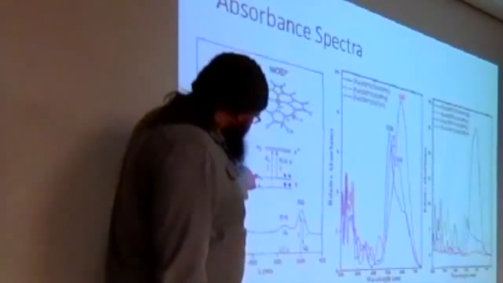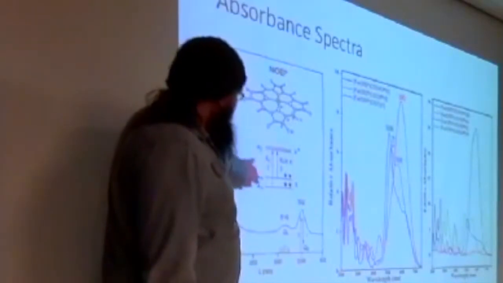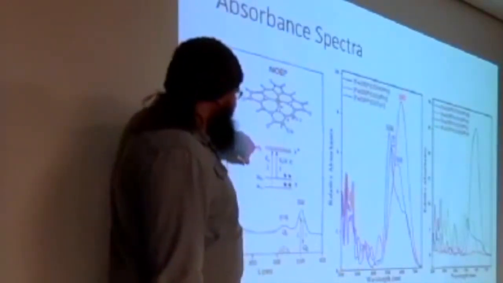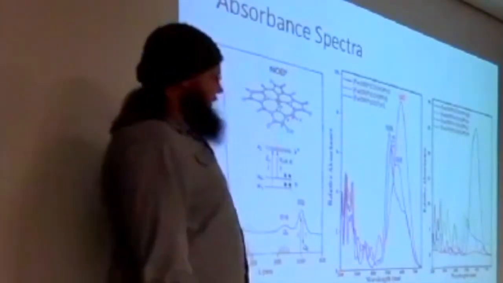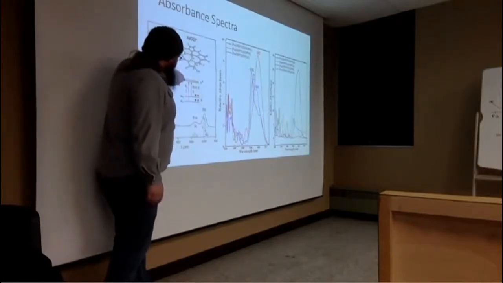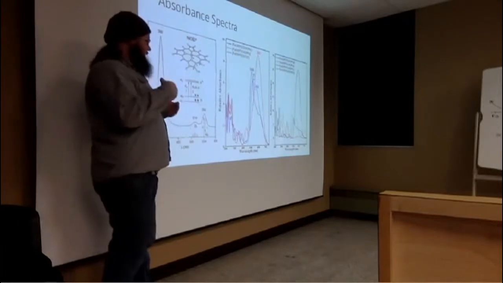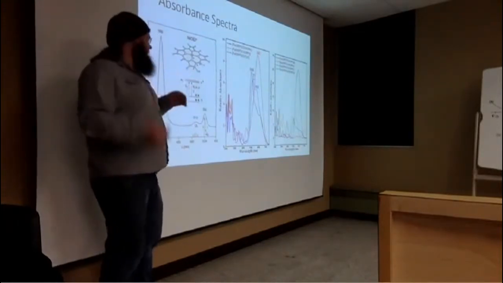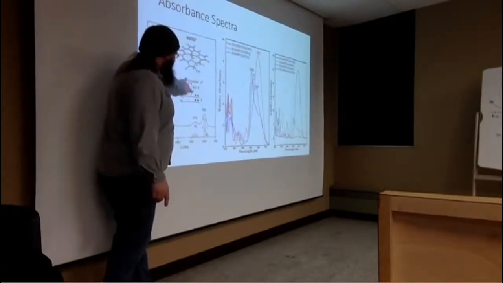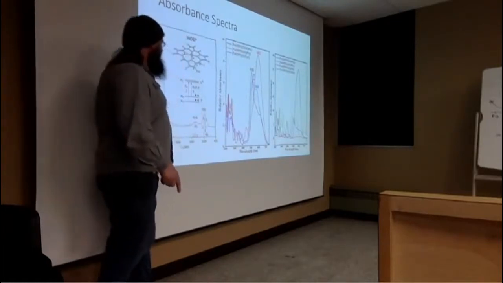And so your HOMO and your HOMO minus 1 actually both have a pi to pi star transition, where they both go to this eg pi star orbital in basically all porphyrins. And these two orbitals are so close in energy that they end up actually interacting with each other. The excited states interact with each other, and you end up getting this very similar thing.